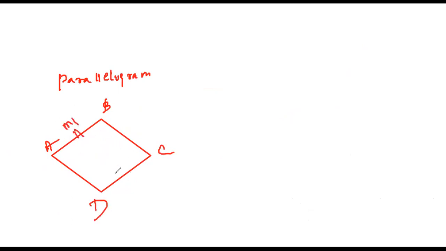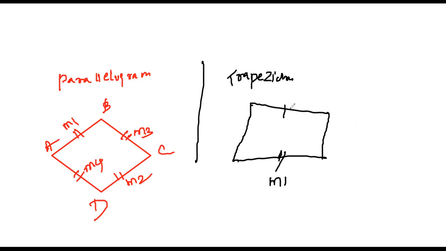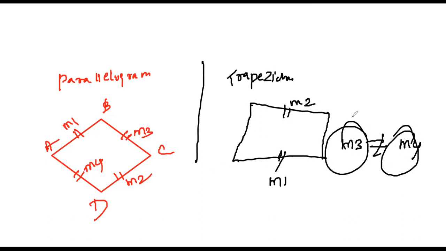So M1 should be equal to M2 and M3 should be equal to M4 in the parallelogram. And in the trapezium, only one pair should be parallel to each other and one pair shouldn't be parallel. So M1 should be equal to M2, where M3 shouldn't be equal to M4. I'm talking about the slope.